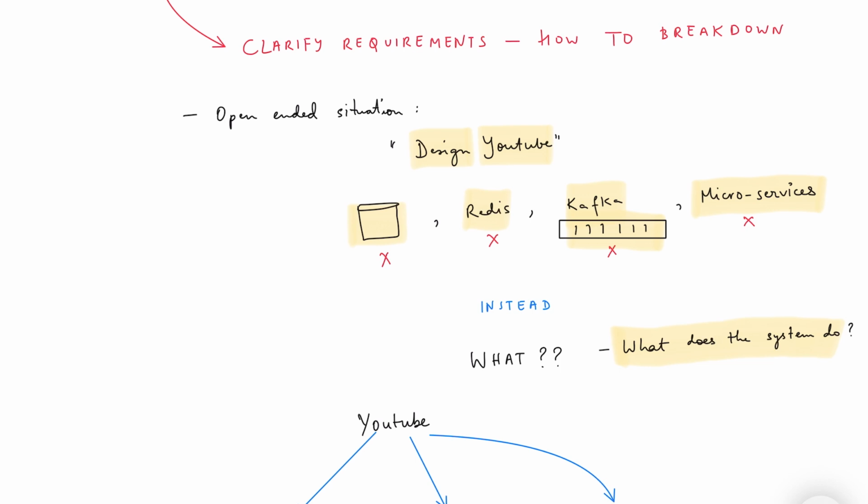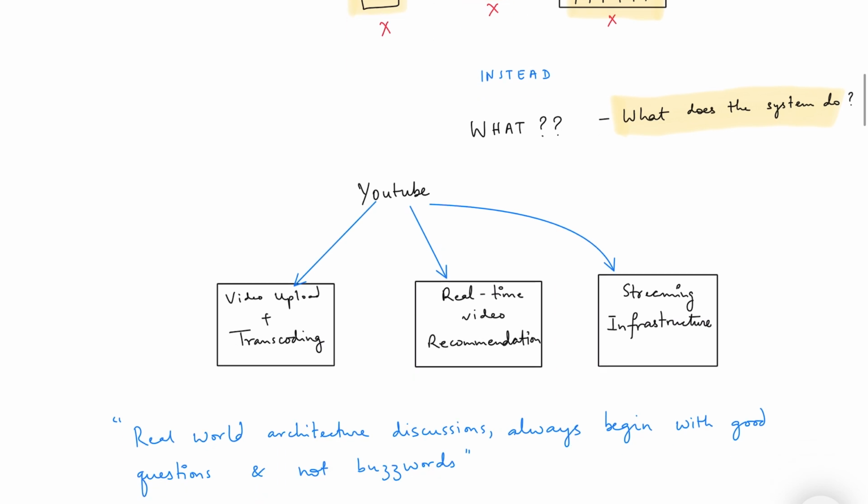So, in an open-ended question like this, where we are asked to design YouTube, there can be many possibilities. Let's take a look at some of them. One possible implementation is a video upload system where we support transcoding. Another possible system is a real-time video recommendation system or a recommendation engine.